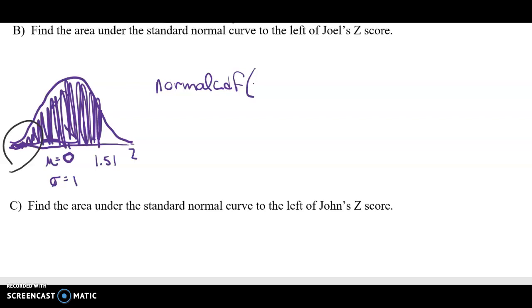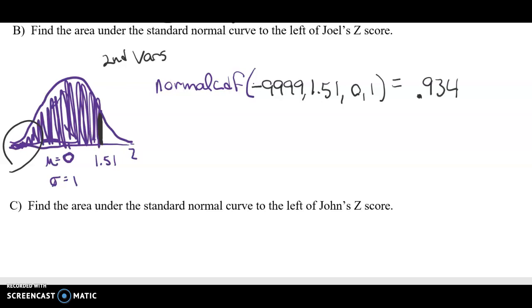So at least -4, but I always like to just pick a really low number like -9999 up to my upper bound where the shading ends at 1.51. Then you have your mean 0 and your standard deviation 1. And remember, we're pressing second vars in order to get to the spot where we see normal CDF. When we do this, we get the area under the curve is 0.934.